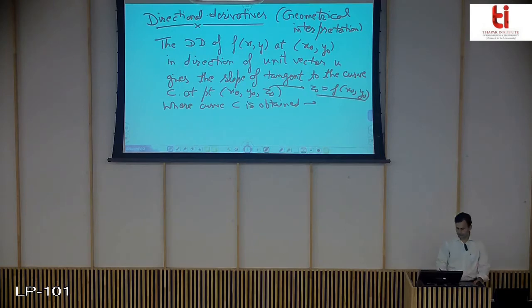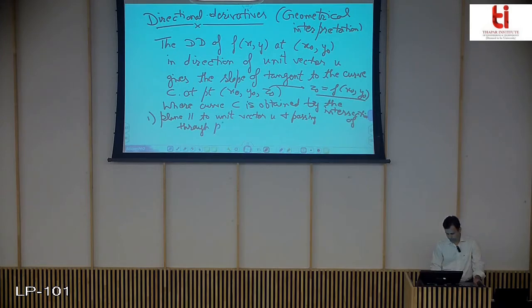Here the curve C is obtained by the intersection of a plane parallel to unit vector u and passing through the points (x0, y0) and (x0, y0, z0).